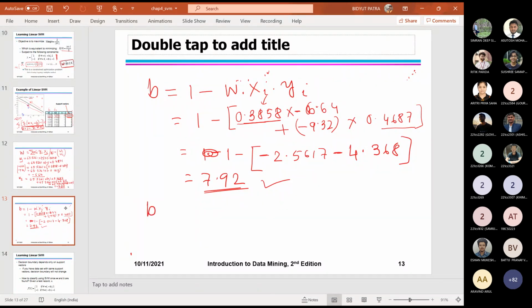Similarly, for the second sample, it will be 1 minus W into xi yi. yi is minus 1.